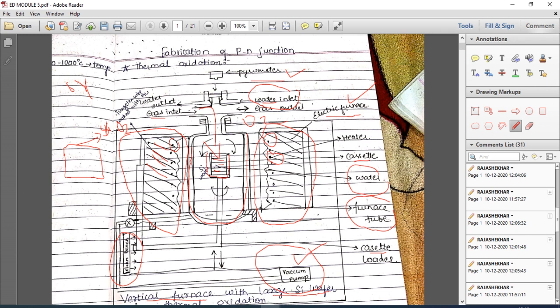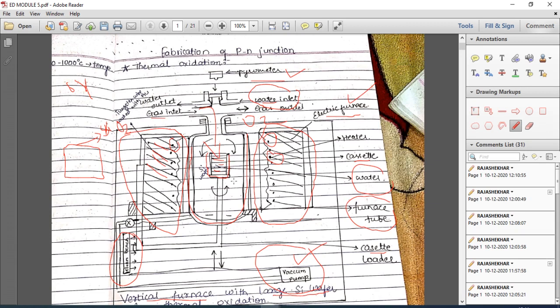This electric furnace is made up of tungsten wire connected to heaters to establish 800 to 1000 degrees Celsius. Next, the cassette, to hold the silicon wafer. The cassette loader is used to load the wafers into the furnace.